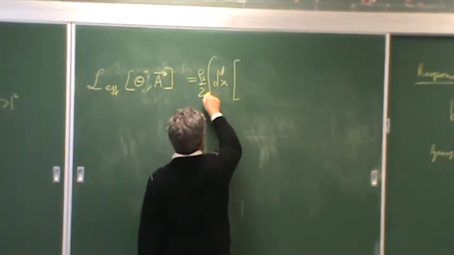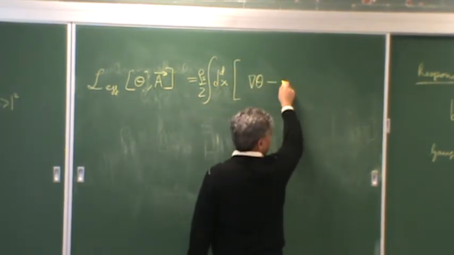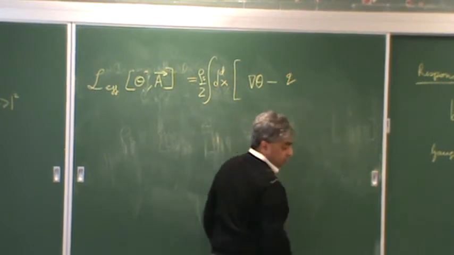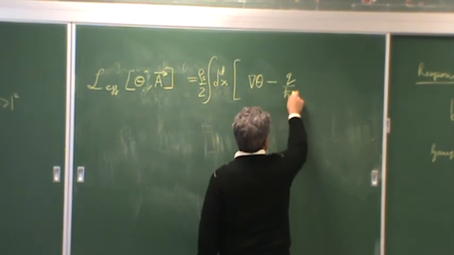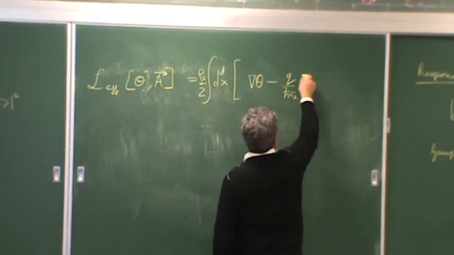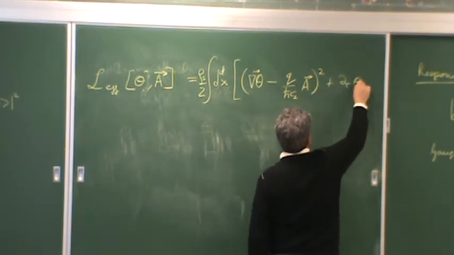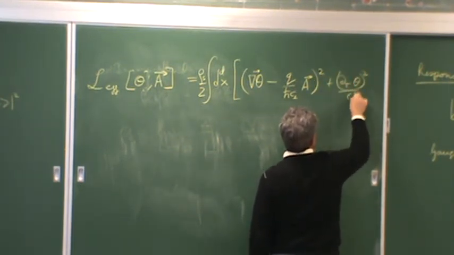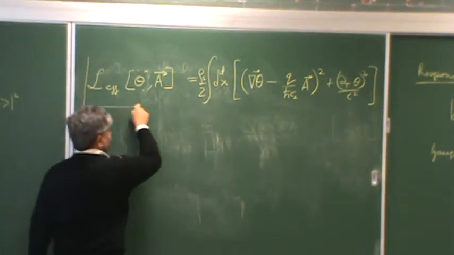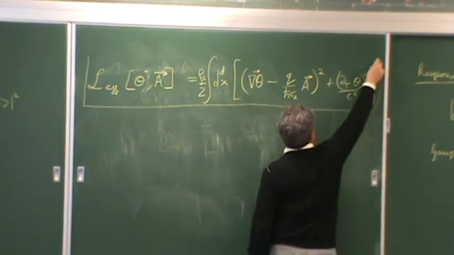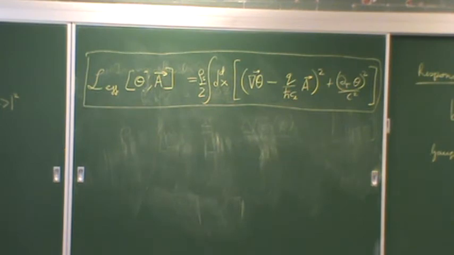And you can gradient theta minus q over h bar c A. So that's the Lagrangian. Full Lagrangian for a superfluid, we're almost there.